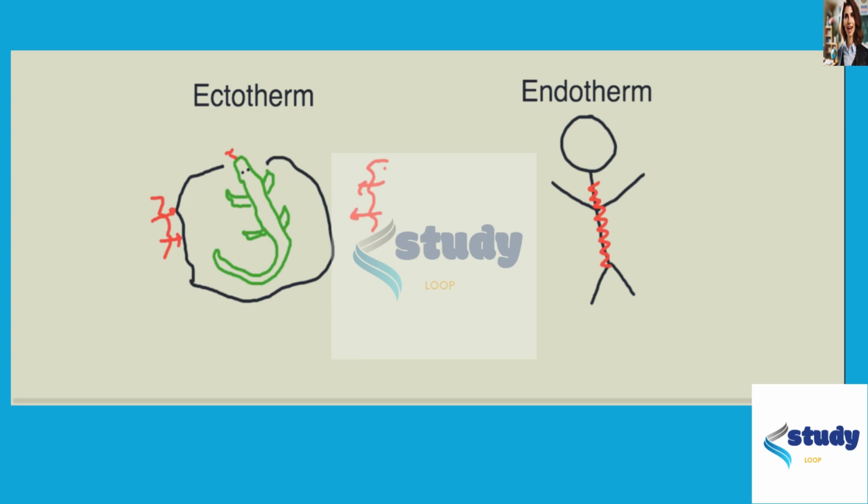One example might be a lizard that you might find sunning itself on a rock out somewhere in the desert because, again, it needs the sunlight to maintain its own internal temperature.